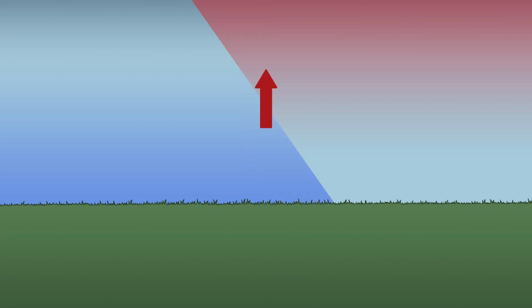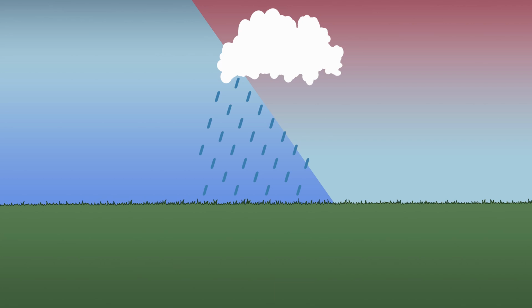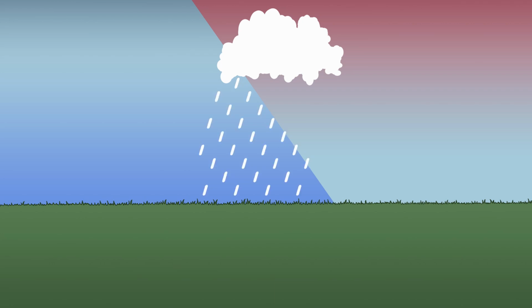Because it is lighter and less dense, the warm air mass rises above the cold air mass. Clouds form on the warm side of the boundary, but as the evaporated water they carry meets the cold air mass, that water condenses and becomes precipitation on the cold side of the frontal surface. It will fall as rain, or if the cold air mass is cold enough, as sleet, hail, or snow.